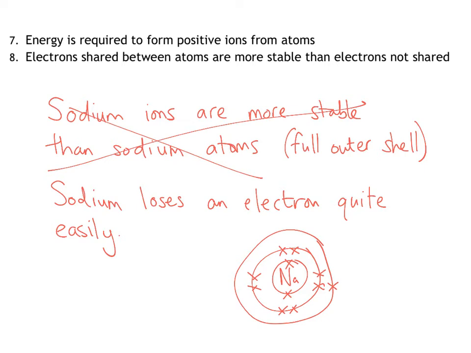That outer shell electron is attracted to the nucleus in the same way that the moon is attracted to the Earth gravitationally. If you try and move that electron away, you will have to put energy in. So we're always going to have to put energy in to form positive ions from atoms. That is always true, no matter whether it's an atom that normally forms a positive ion or not. You do have to put energy in.